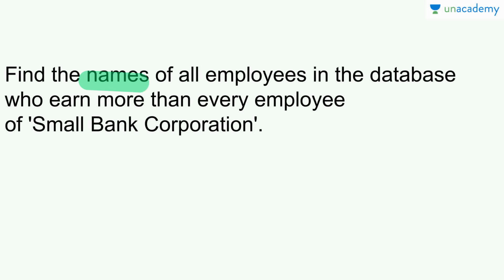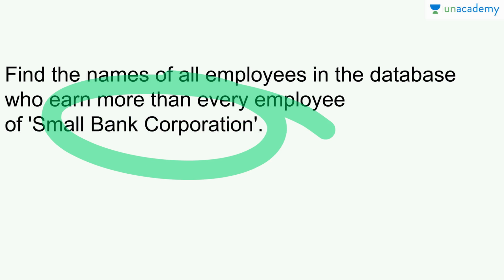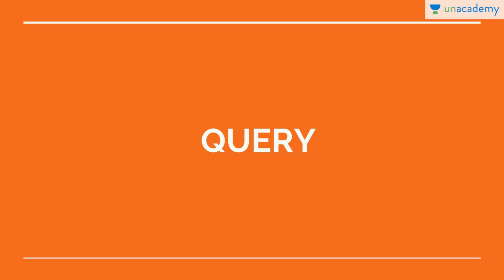Find the names of all the employees in the database who earn more than every employee of this bank corporation. Okay, so what we have to find are the employees who earn more than the maximum salary of this bank's employees.